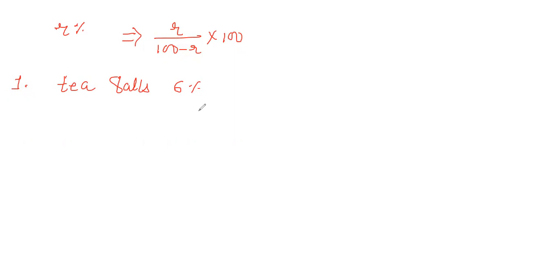If the price of tea falls down by 6%, then by how much percent must a householder increase its consumption so as not to decrease expenditure? त्या ठिकाणी एक्सपेंडिचर कमी होणार नाही. सो इथं पर्सेंटेज काढायचं आपल्याला. सो रिक्वायर्ड पर्सेंटेज वी आर कॅल्क्युलेटिंग विथ द फॉर्म्युला R upon 100 minus R into 100.